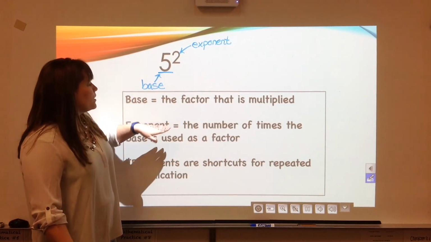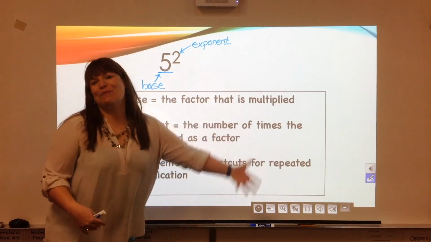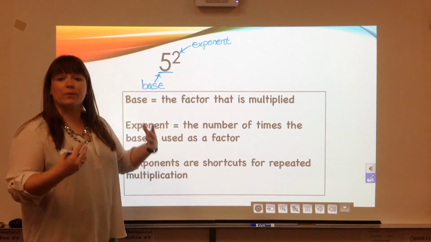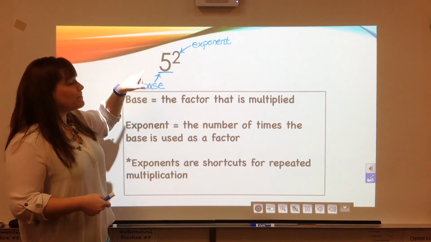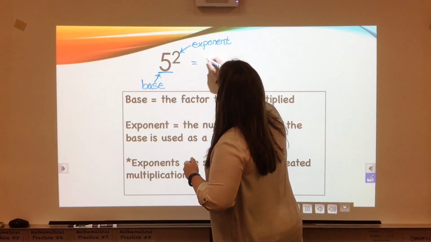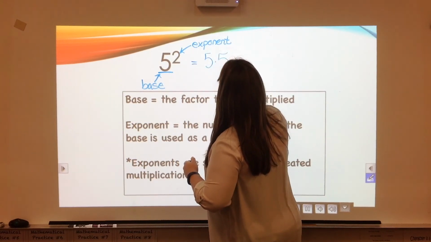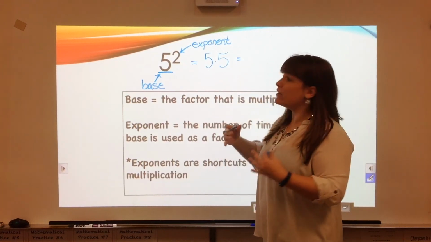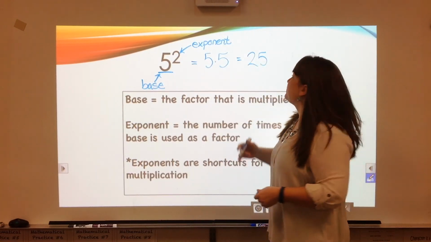The exponent tells you the number of times to multiply it, and it's a shortcut for repeated multiplication. So that 5 is going to be repeated in multiplication only 2 times. And 5 times 5, if we were finding the value, would be 25.